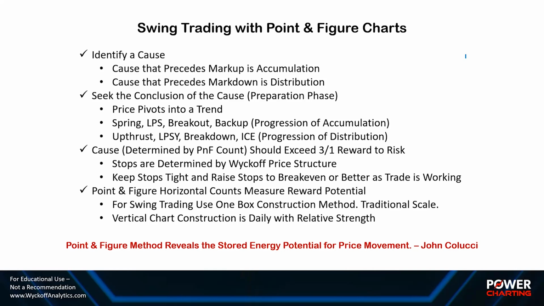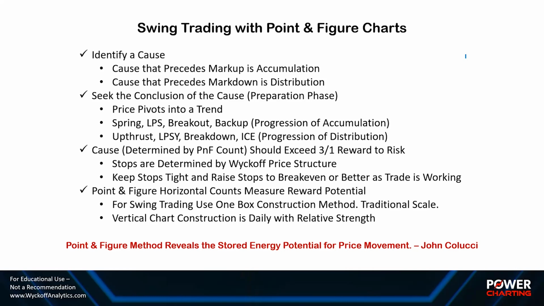The first thing that we want to do is identify a cause. I'll show you a few examples of that here. The cause is really a preparation phase, which is a trading range that precedes a markup or a markdown, which we call accumulation or distribution.